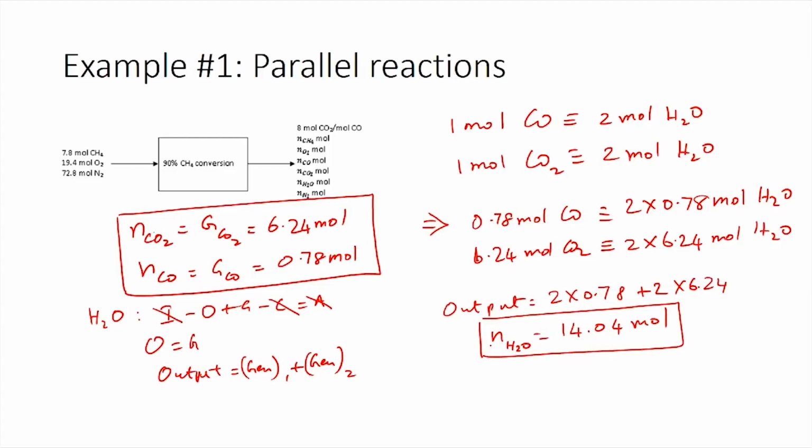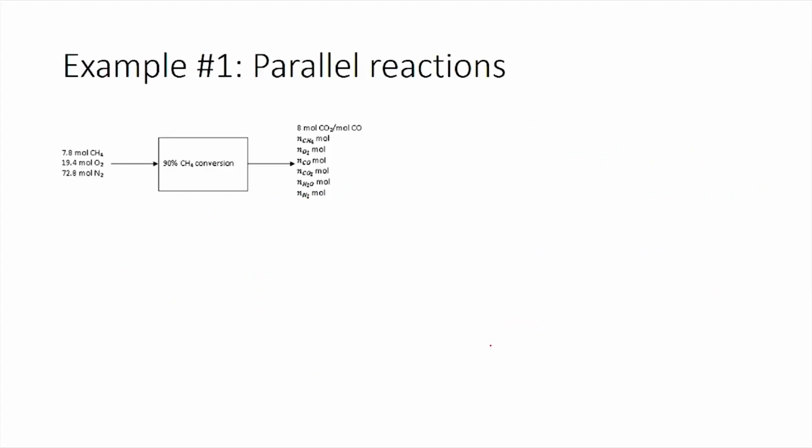We still need to calculate the number of moles of oxygen leaving the stream. So let us write the oxygen balance. Start with input minus output plus generation minus consumption equals accumulation. Oxygen being a reactant is not generated, and it does not accumulate under steady state conditions, giving you input minus output minus consumption equals 0. So your output is equal to input minus consumption.